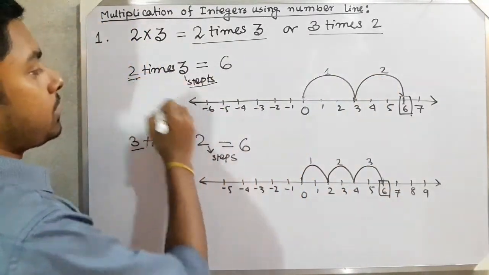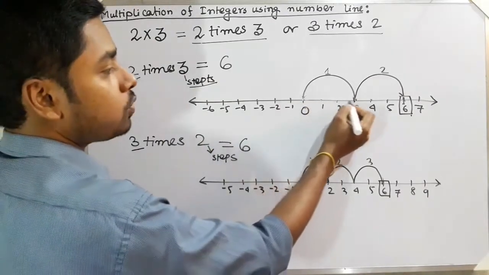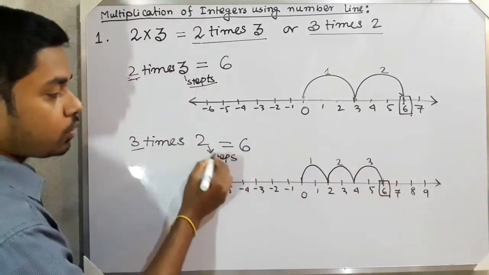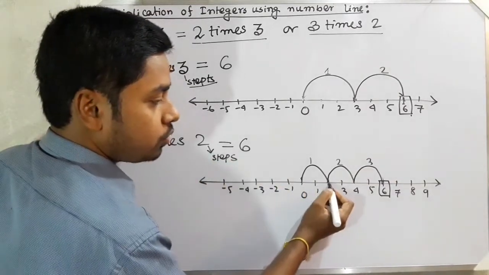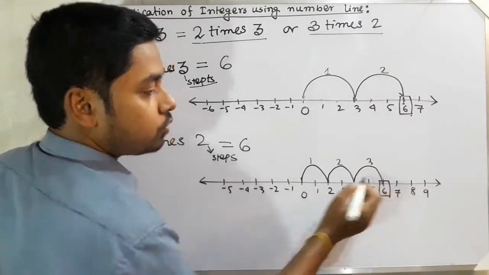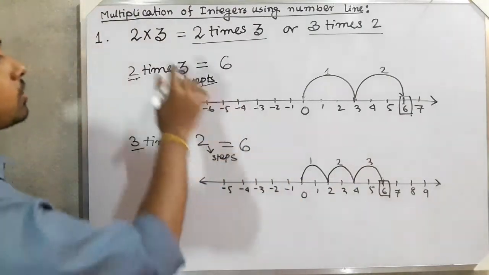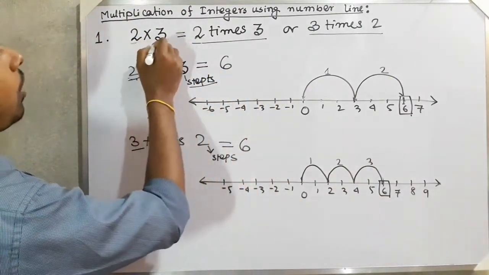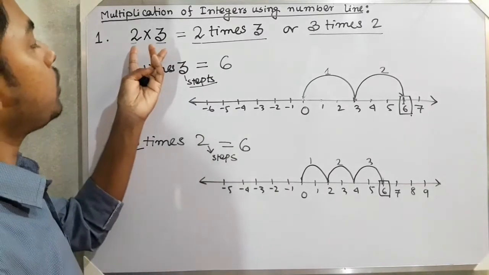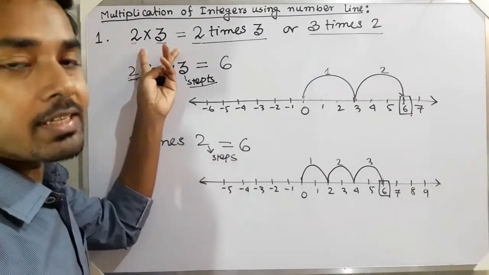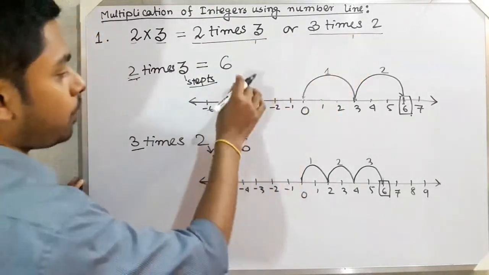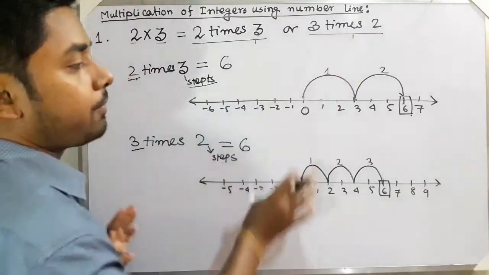So 2 times, and 3 steps means 1, 2, 3 steps, and here 3 times means 1, 2, 3 times, and 2 steps means 1, 2, 1, 2, 1, 2. 2 steps we have taken. So 2 multiply 3, that means if both the integers are positive, then you can do it this way also. Both are the correct way.